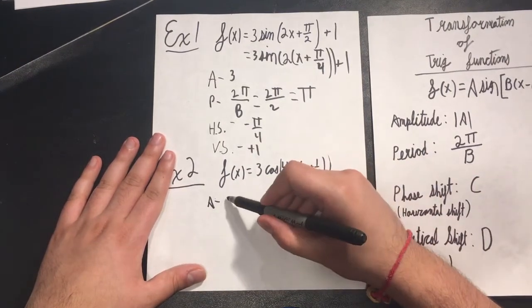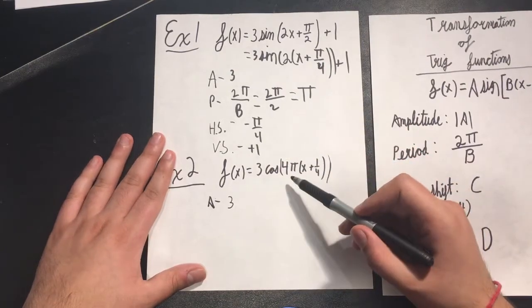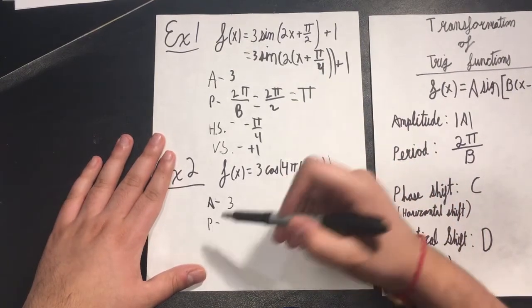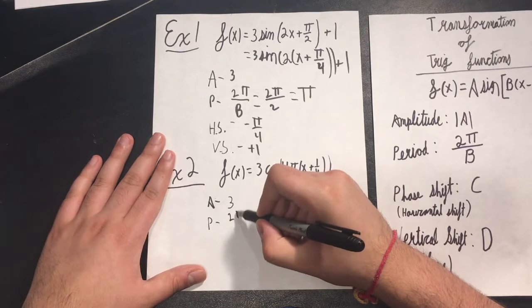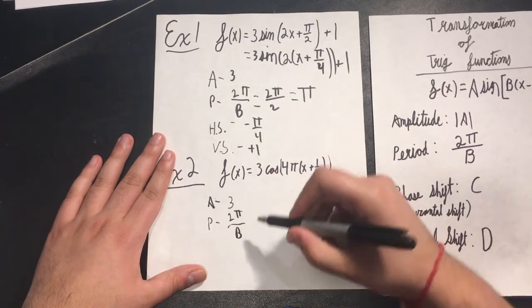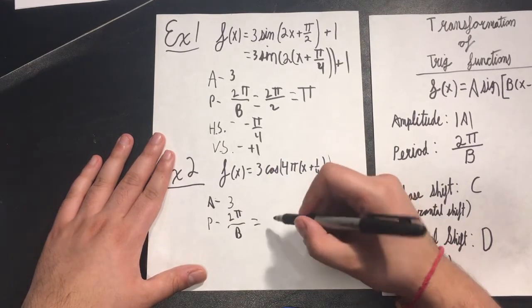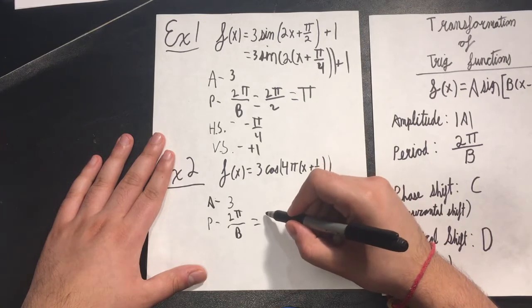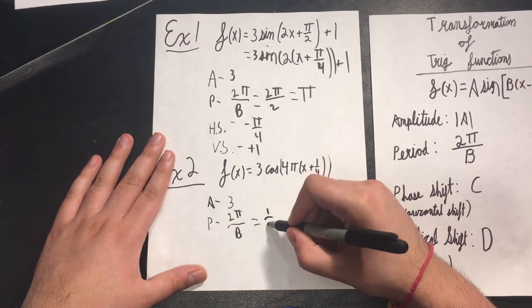Our amplitude is 3. Our period should be 2 pi over b, and since our b is 4, we get that our period is just pi over 2.